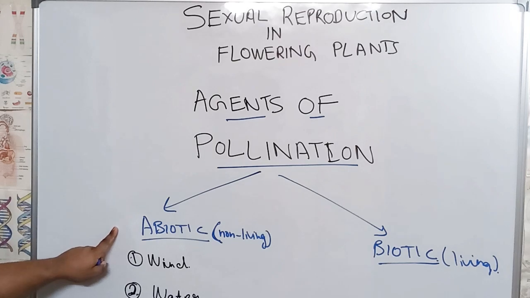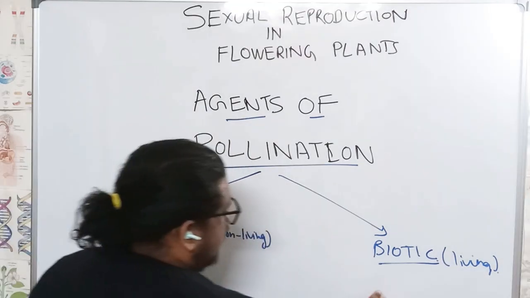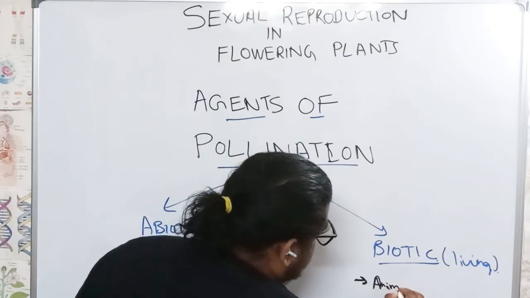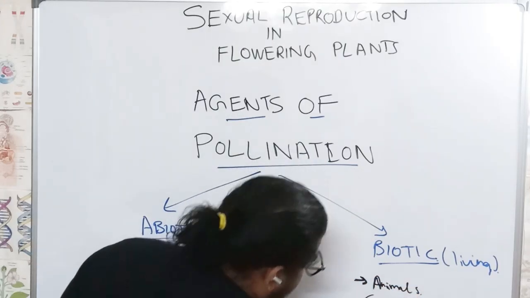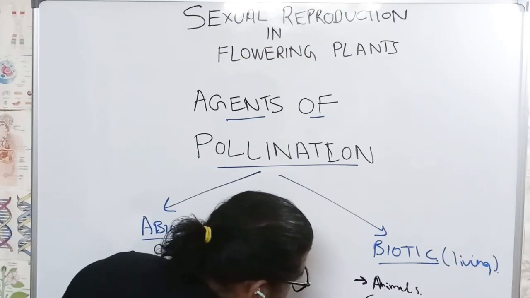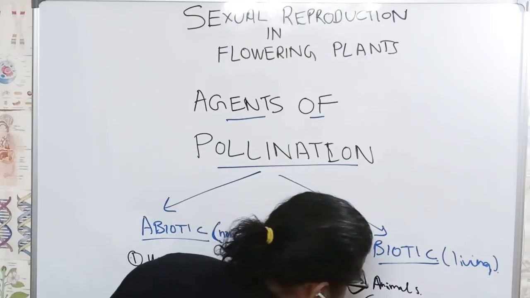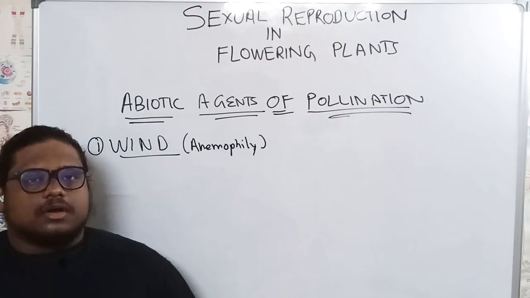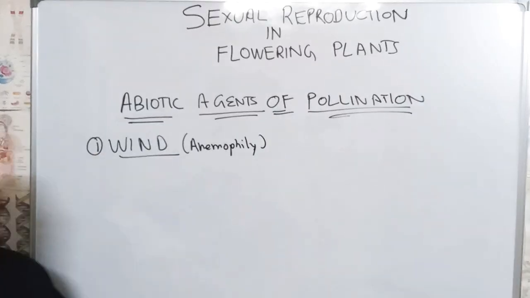So abiotic agents के अंदर आता है wind and water, जिससे कि there would be pollination. And under biotic agents they are mainly animals, जिसमें कि mainly there are insects. The first abiotic agent of pollination about which we will learn is wind.